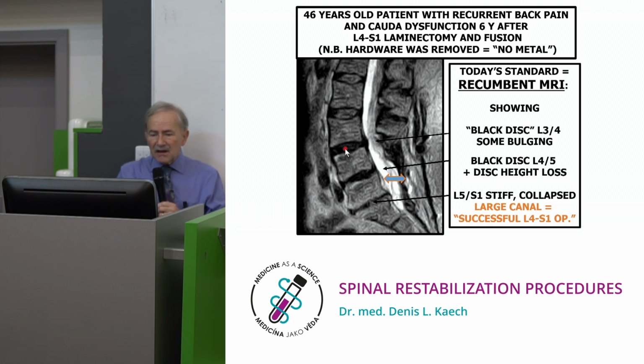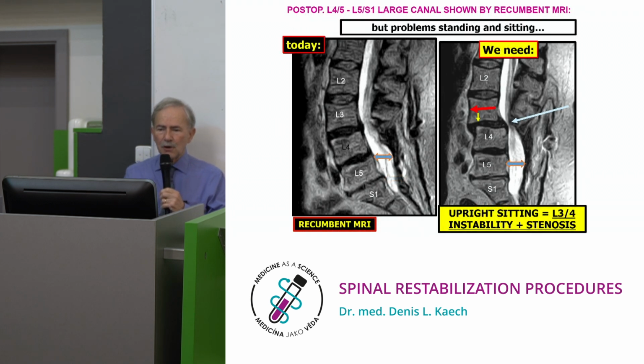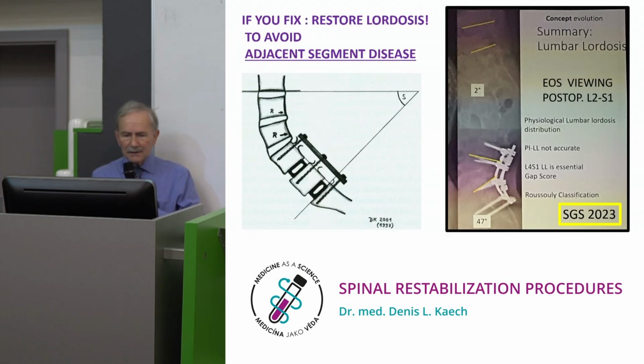On this image, you wouldn't reoperate on the patient. So you put him into upright MRI, and what you see here, evident hypermobility, anterolisthesis above, and stenosis here when it slips. So the problem is that this is an adjacent segment disease.